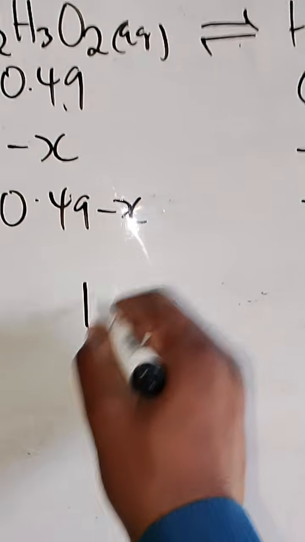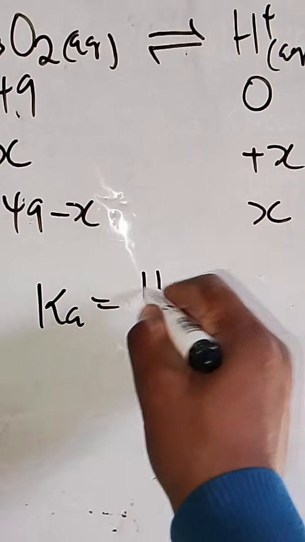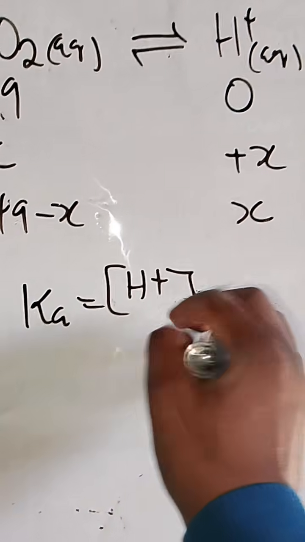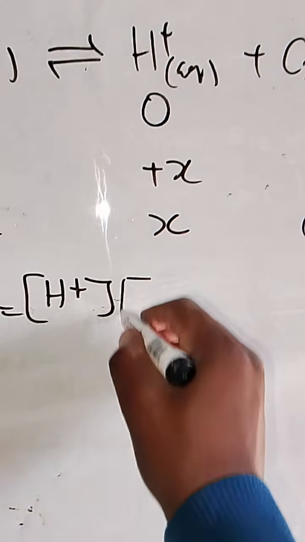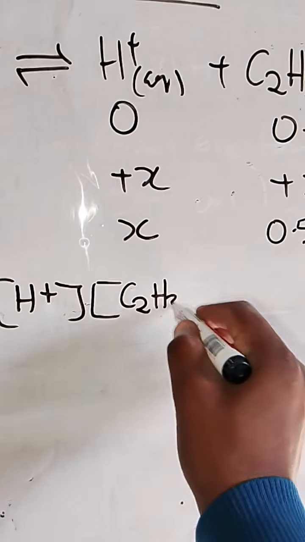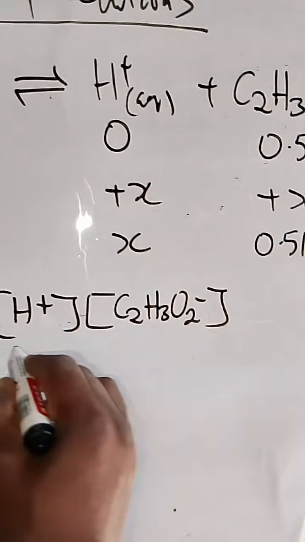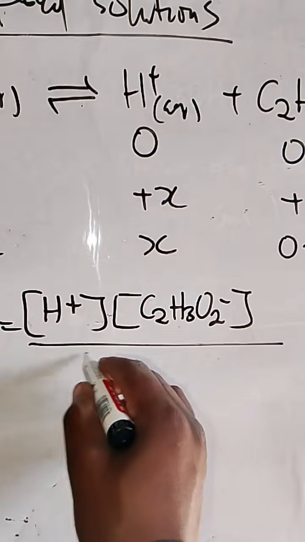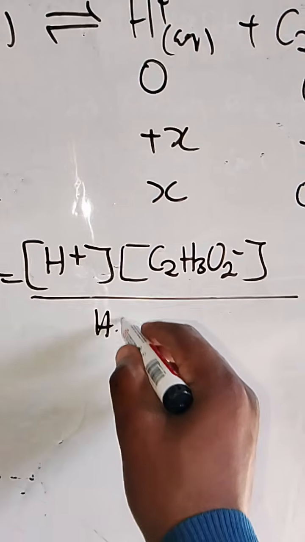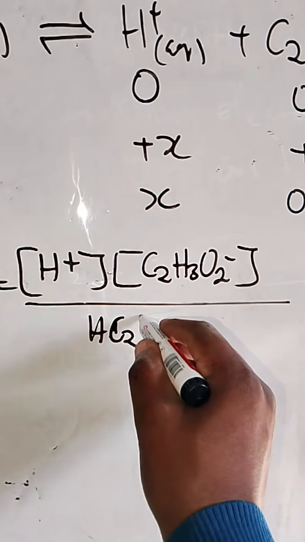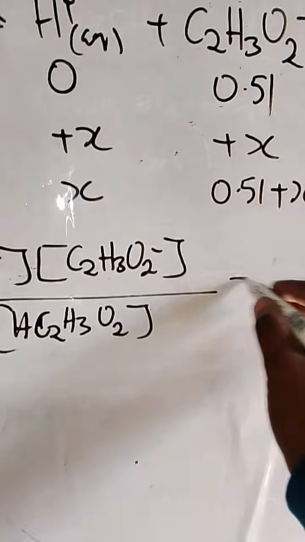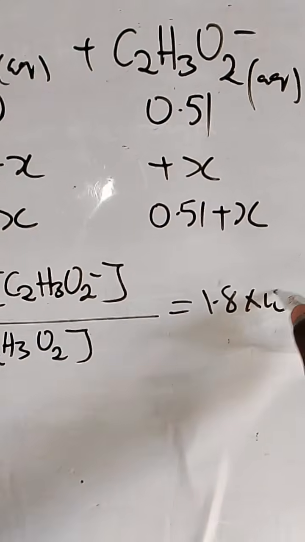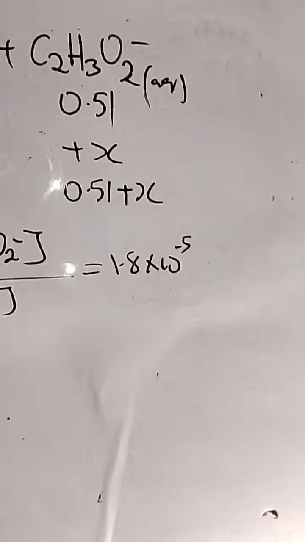We do the same. Ka is equal to the hydrogen ion concentration times C2H3O2 minus over HC2H3O2, which is equal to 1.8 times 10 to the power negative 5.